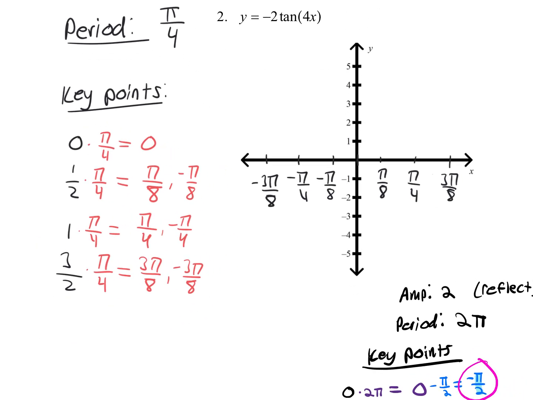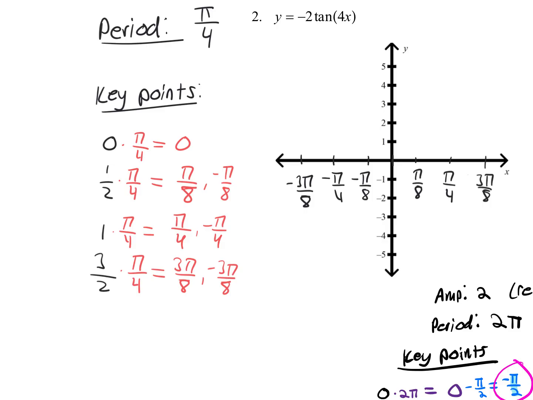All right, what do I do with that information? Where would those go? Okay, good. On the halves, you're going to have the vertical asymptotes, which means on the 0 and the 1, what are you going to have?